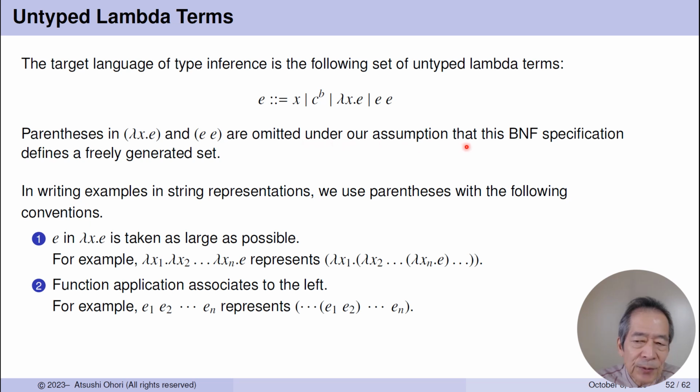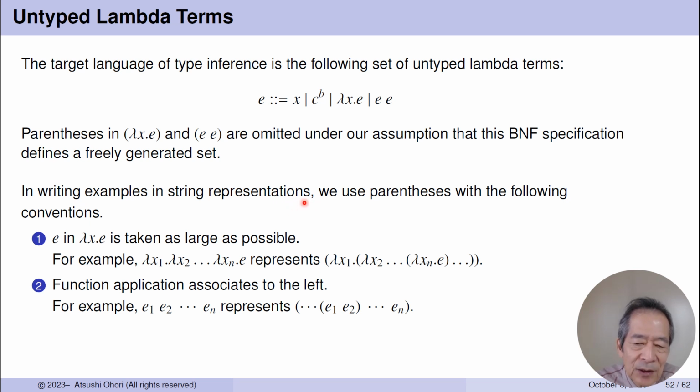Under our assumption that this BNF specification defines a freely generated set. However, in writing examples in string representation, there is no other way, unfortunately. There is a way to represent structure by a kind of tree-like syntax, but it's cumbersome. So usually we write examples still in string representation.